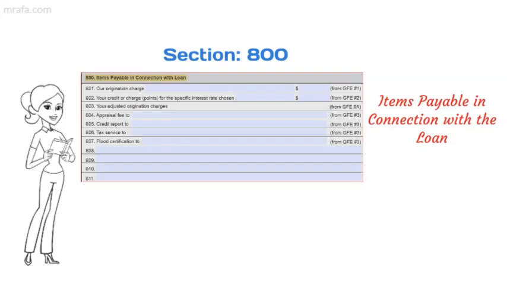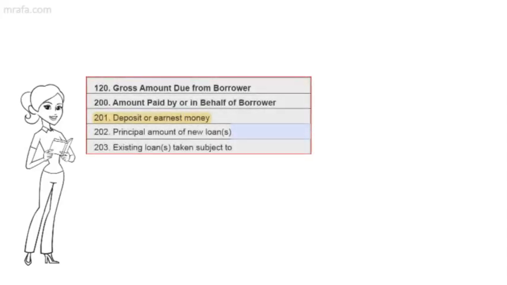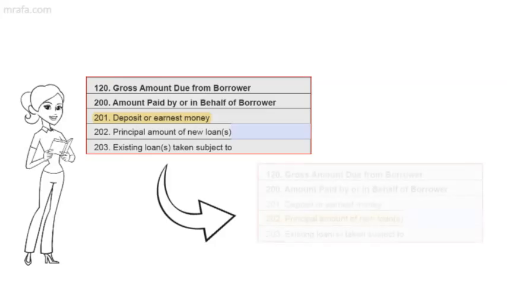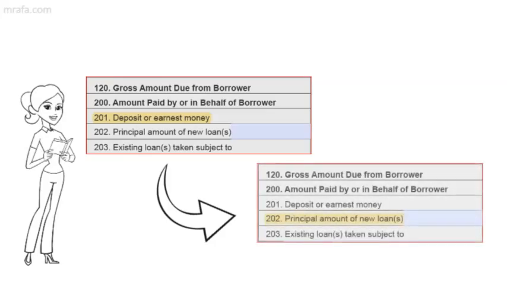So remember on the HUD statement, on section 201, where you pay the down payment or earnest money, and then you also indicate on section 202 the principal amount of the loan.